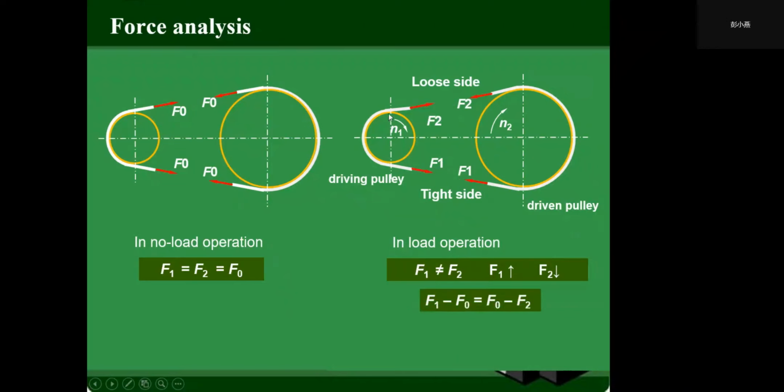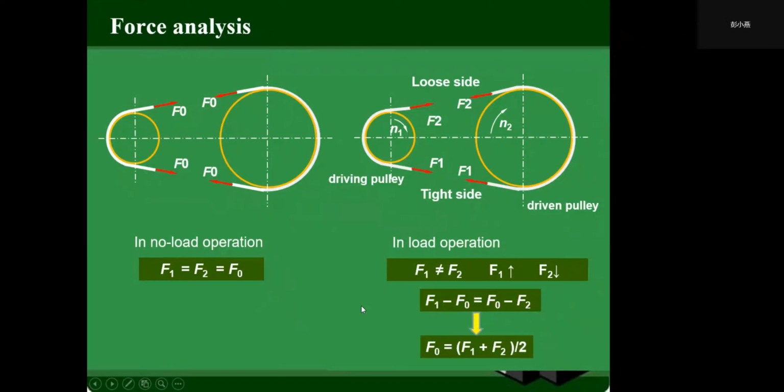Assume the total length of belt keeps constant. Therefore, the increase of belt length in the tight side is the same as the decrease of belt length in the slack side. So we have F1 minus F0 is equal to F0 minus F2.